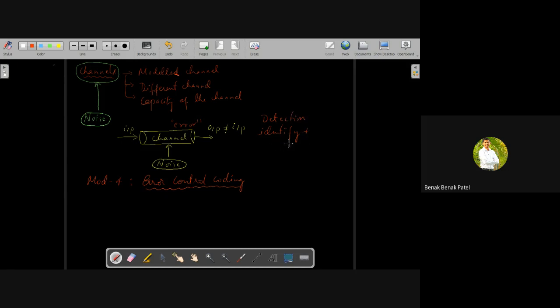And the next part is error correction, because just detection will not work. After detecting the error, we should also correct it. So by employing various error control coding techniques, we can detect as well as correct those errors happening because of this channel noise.